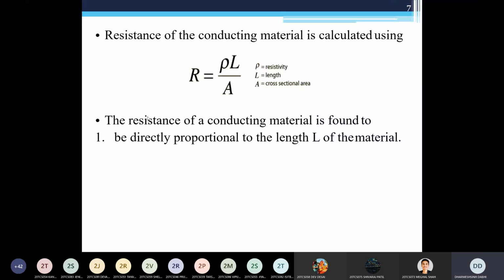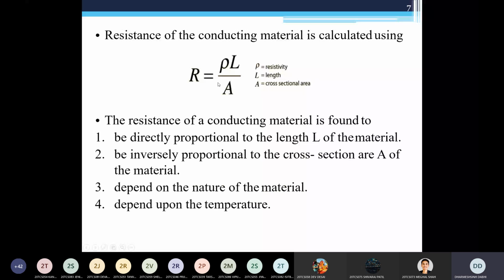As we already discussed, the equation of resistor is R equals rho L by A. So the value of the resistance is directly proportional to the length of the material and inversely proportional to the cross-sectional area of the material. Third, it depends on the nature of material. The resistivity varies based on the material we use.